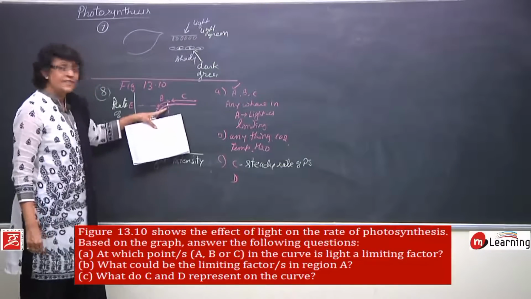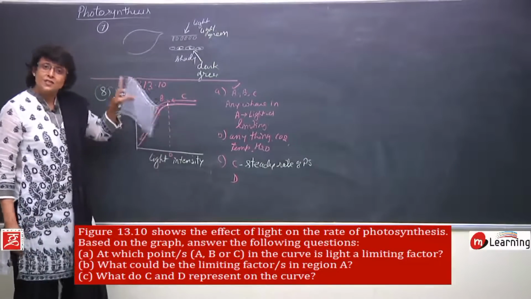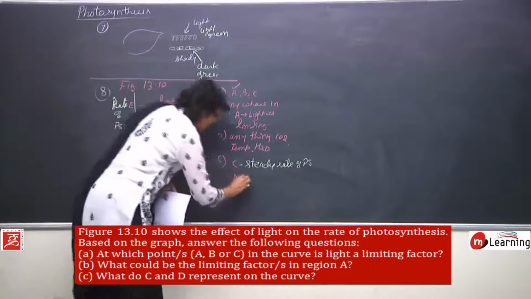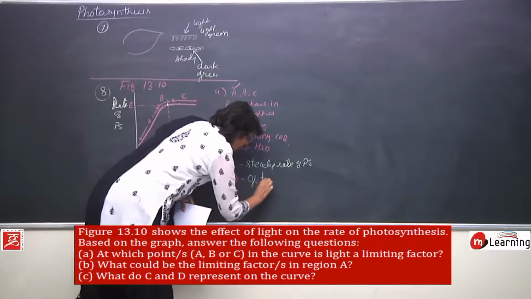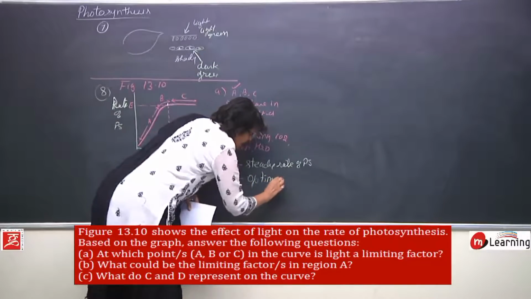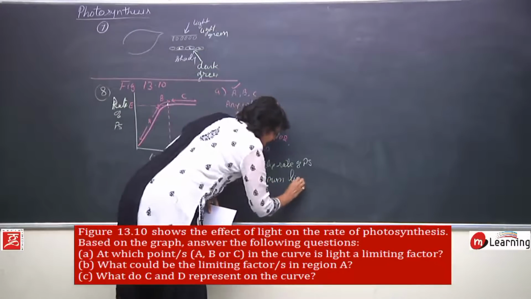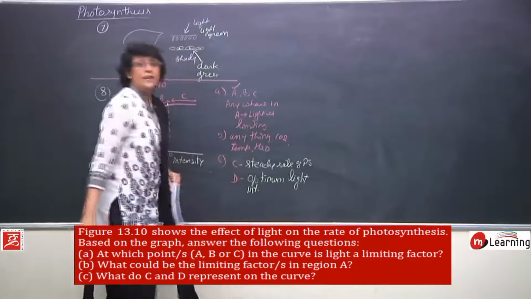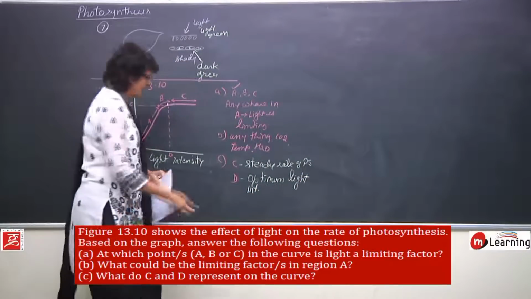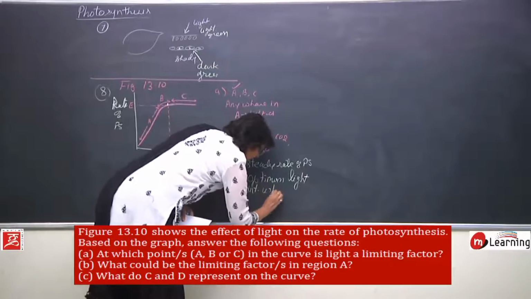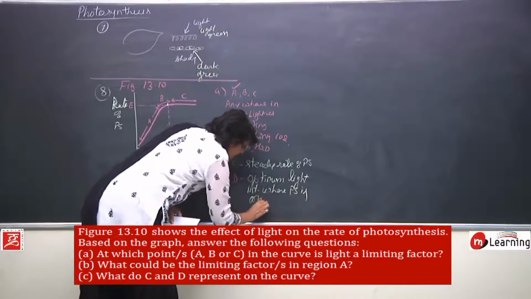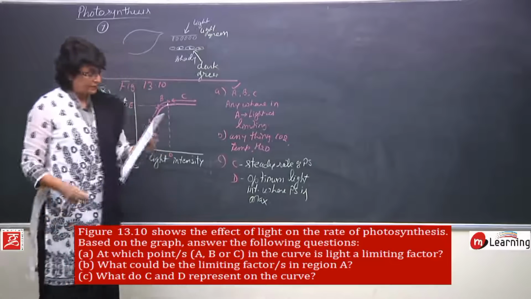It is that light intensity where the rate of photosynthesis is maximum, and after that it becomes steady.